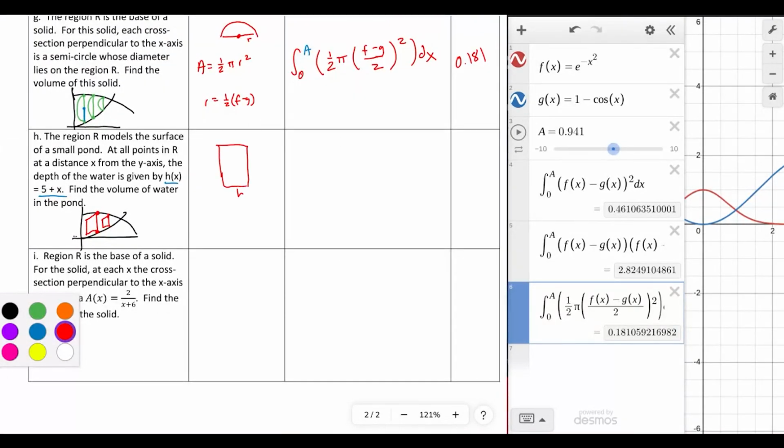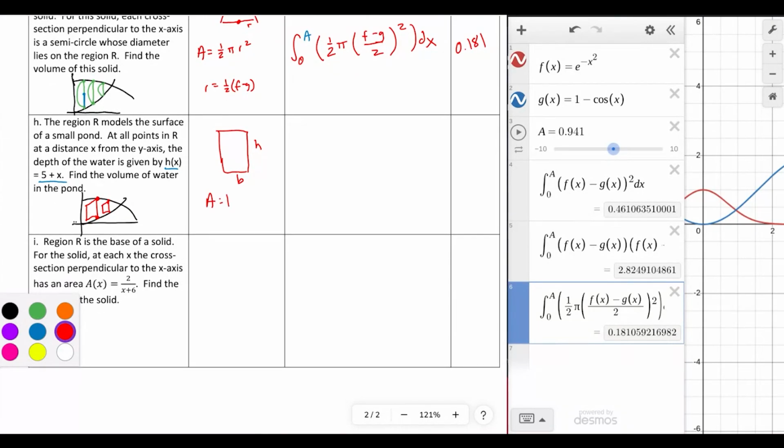You have your base and your height. Area is base times height, where the base is right here. Okay, that's the f minus g. And the height is 5 minus x. Oh, plus x, not minus x. Plus x.